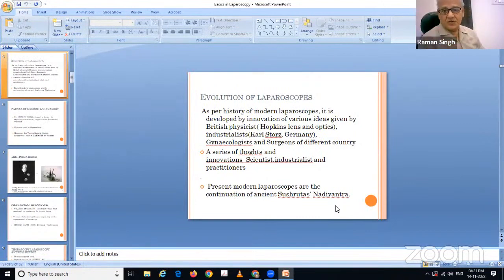A series of thoughts and innovations by scientists, industry and practitioners developed the present laparoscope. After many persons and industries did this research, we came to a particular definition, which was already described by Sushruta many days back. Present modern laparoscopes are the continuation of the ancient Sushruta Nadi yantra.